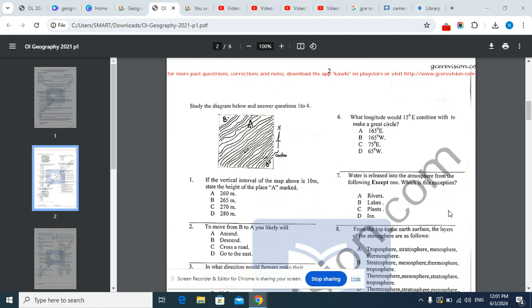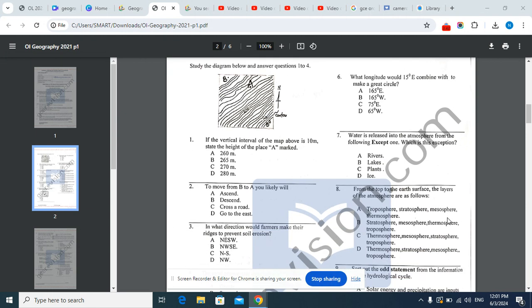The answer is B. Question 7. Water is released into the atmosphere from the following except one. Which is the exception? The answer is D.